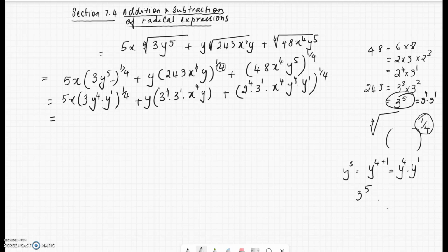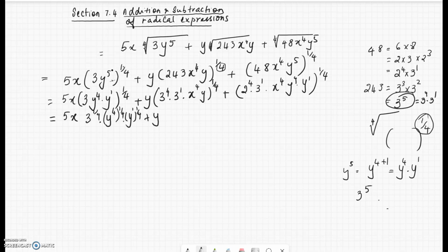So basically, whole to the 1/4 is dividing all the exponents by 4, or raising each of the terms inside to the 1/4 power. You can skip this step once you're absolutely sure, but right now I'm going to write down everything.